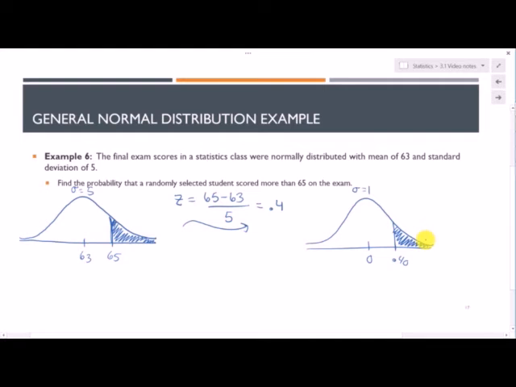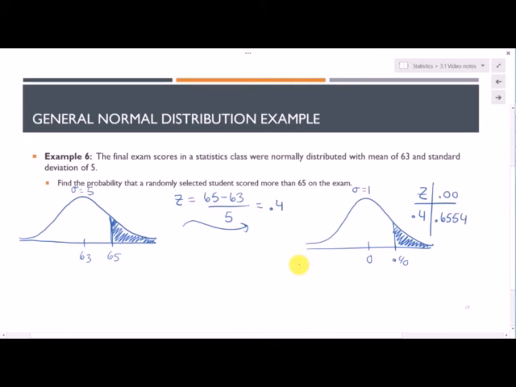Some of you might be thinking, we can't look up the area to the right directly of 0.40. We need to look up the area to the left of 0.40 and subtract it from 1. If you were thinking that, you're right. So if we go to our standard normal table and look up 0.4 in the 0.00 column, you should find that the value is 0.6554.